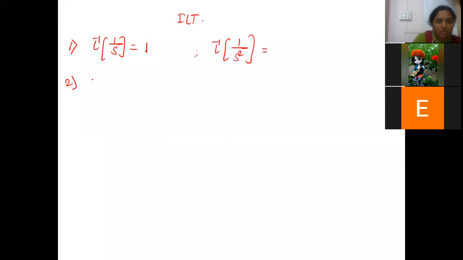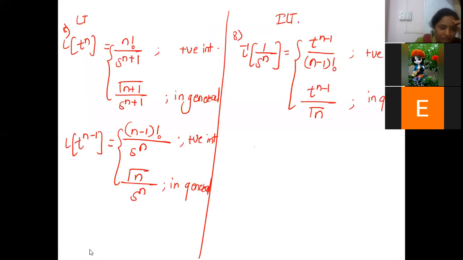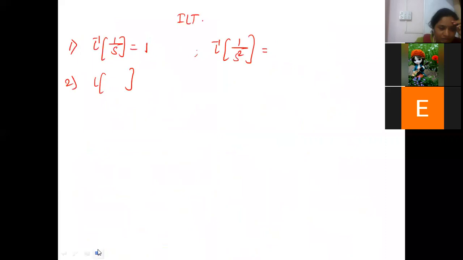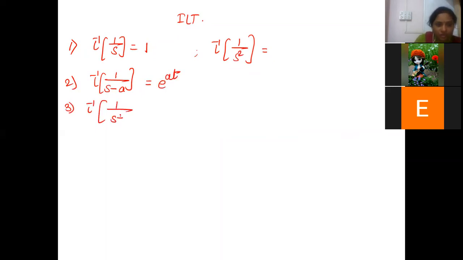Now we are at Laplace inverse. What is the second formula? Laplace inverse of 1 upon s minus a is e raised to at. Next, Laplace inverse of 1 upon s plus a is e raised to minus at.